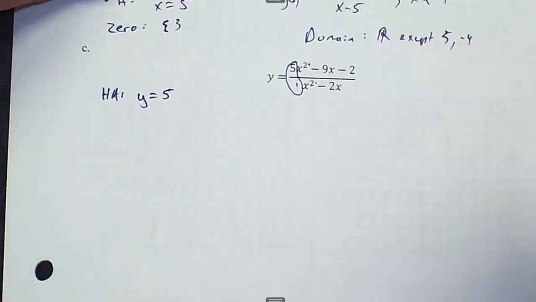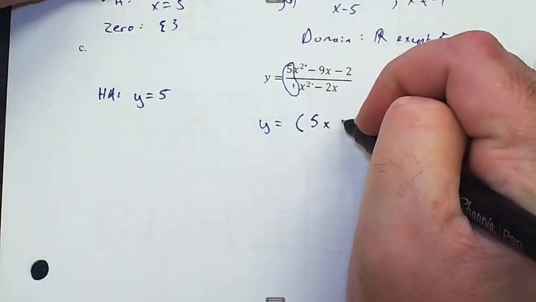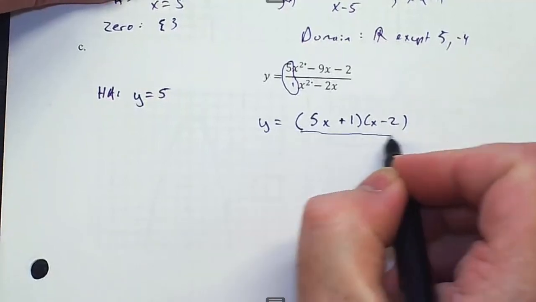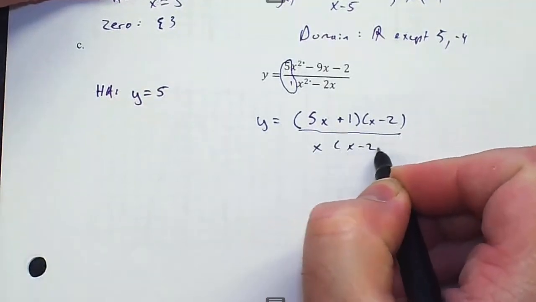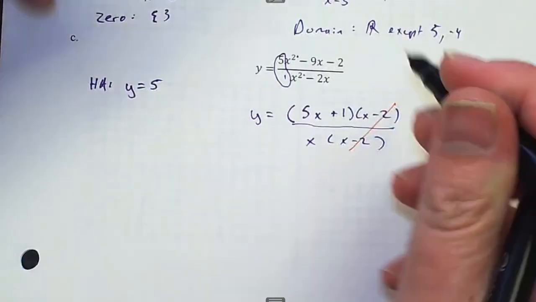Now we'll factor. I think the top factors like that, and the bottom factors like this. Once again, we're going to have a hole in this problem. The x minus 2 factor cancels out.